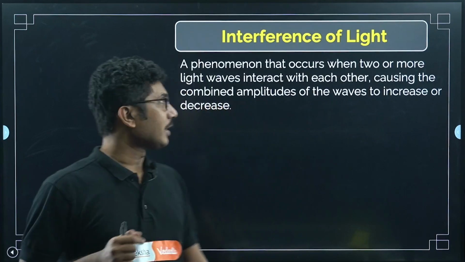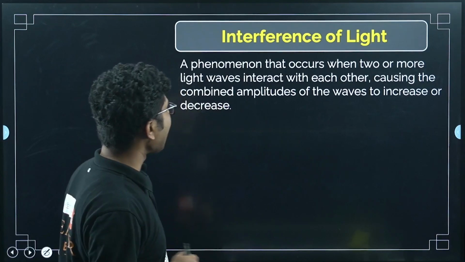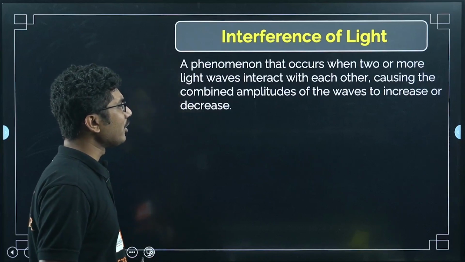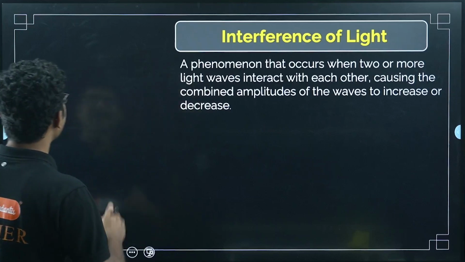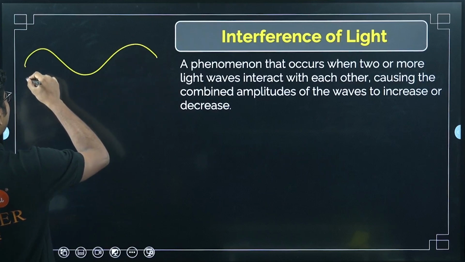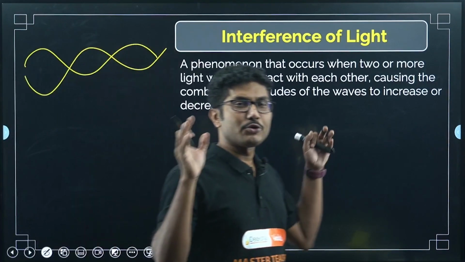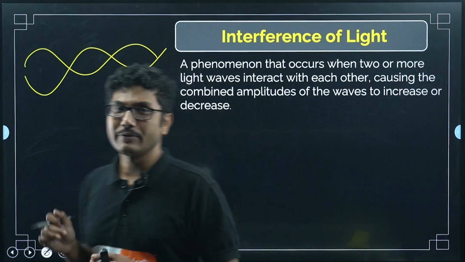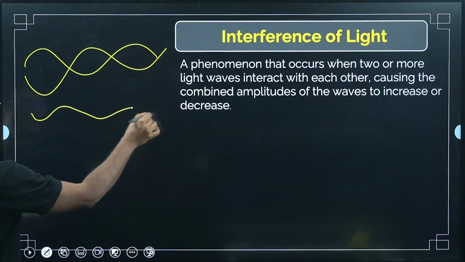Interference is a phenomenon that occurs when two or more light waves interact with each other, causing the combined amplitude of the waves to increase or decrease. When one light ray is traveling like this and another like this, they superpose on each other. The resultant wave has low amplitude somewhere and high amplitude somewhere.